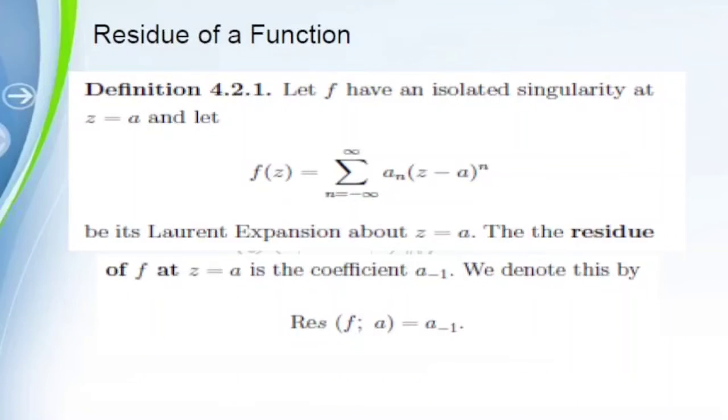So in the Laurent expansion, the coefficient of 1 by z minus a is called the residue of that function. That is, a minus 1, which means the negative power of 1 by z. The coefficient of 1 by z is called the residue of that function.